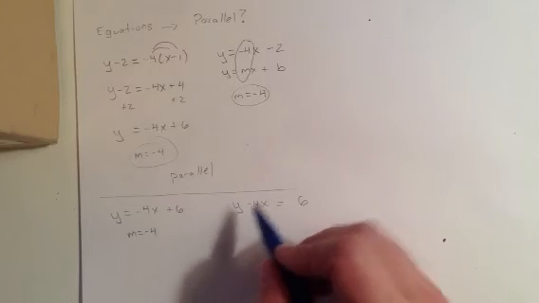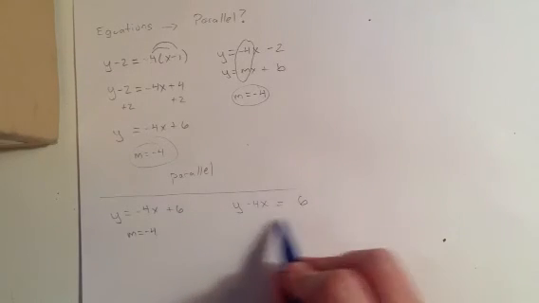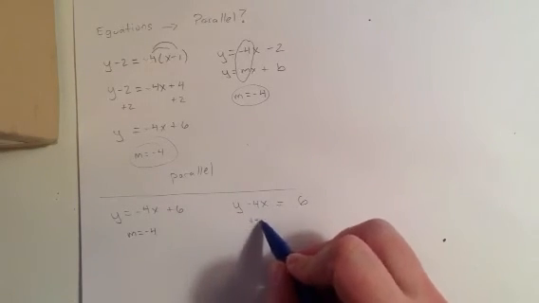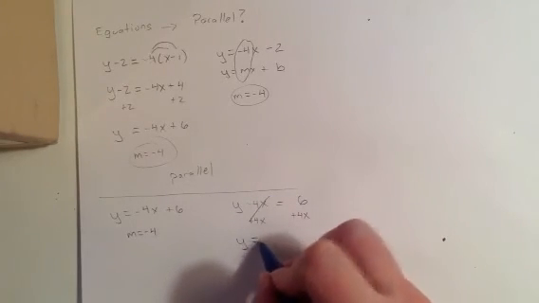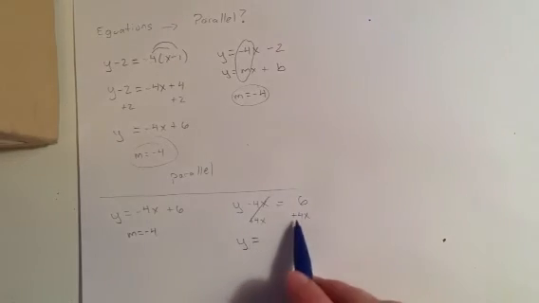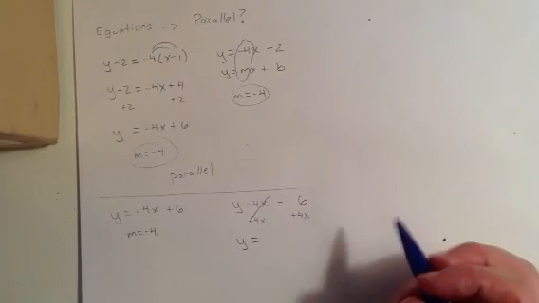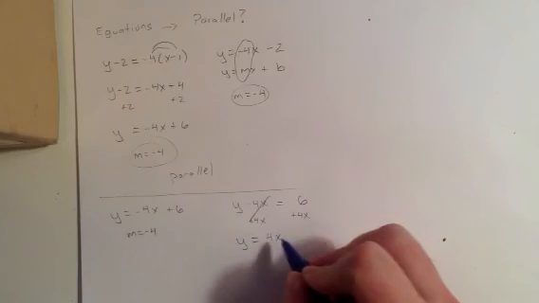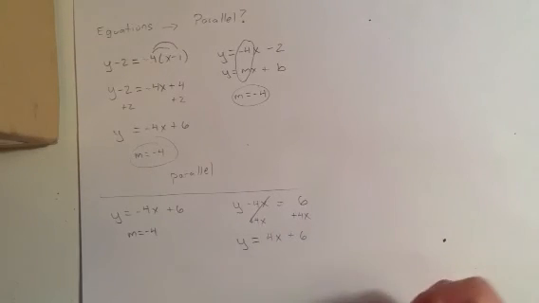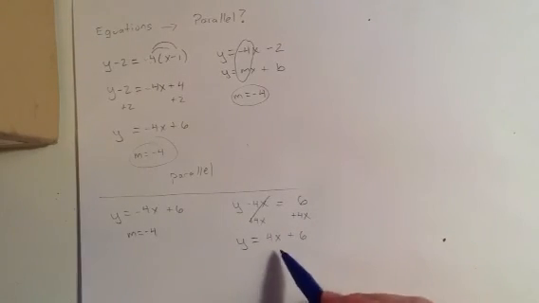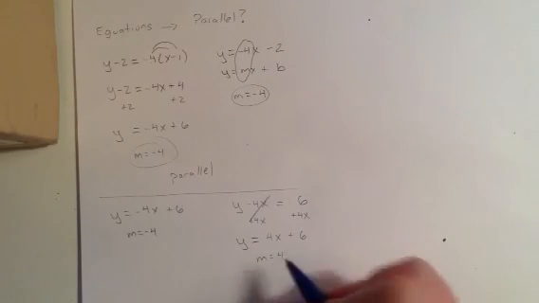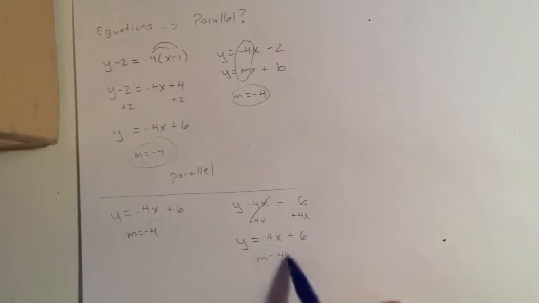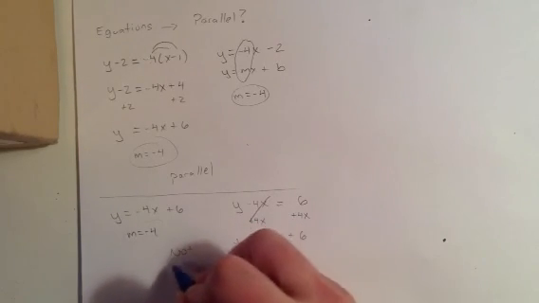No, only when you're in y equals mx plus b. You're not there. How do you make it so? Add 4x. These will eliminate. I'll get y equals, not like terms, so I can add these in either order. So I'll put the 4x first and then the plus 6. It's the same thing as if I wrote 6 plus 4x, but this is a little cleaner. And now I can see that m is 4. Well, negative 4 is not the same number as positive 4. So are they parallel? No, not parallel.